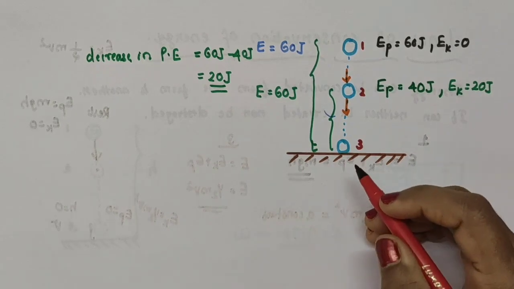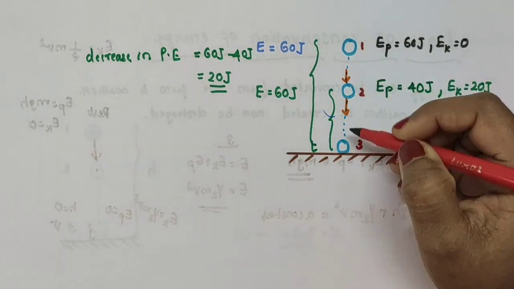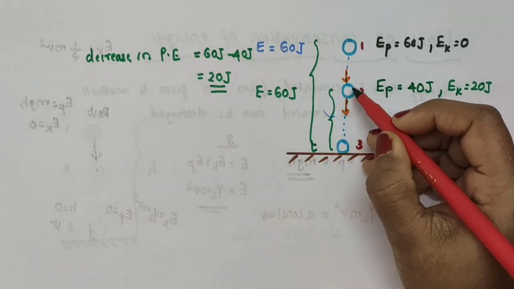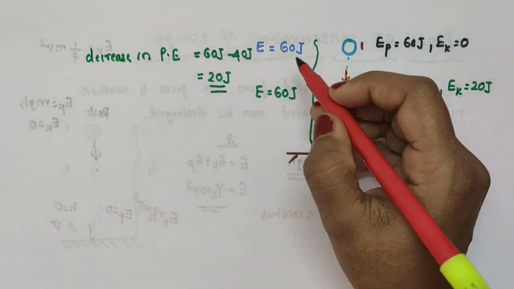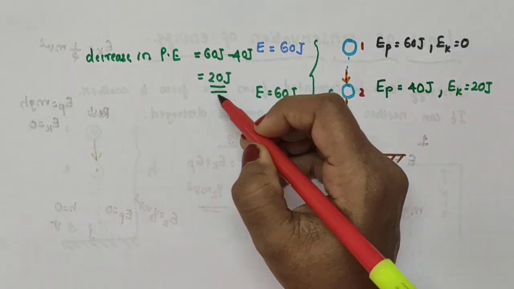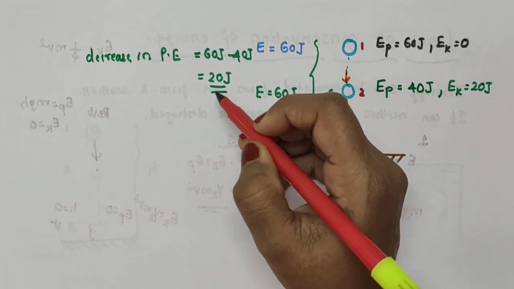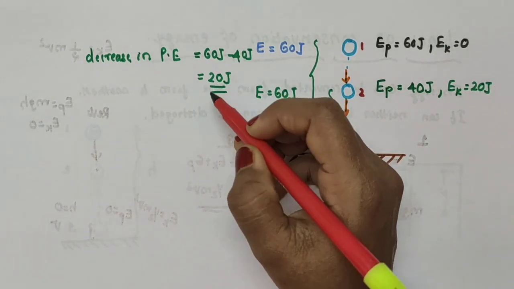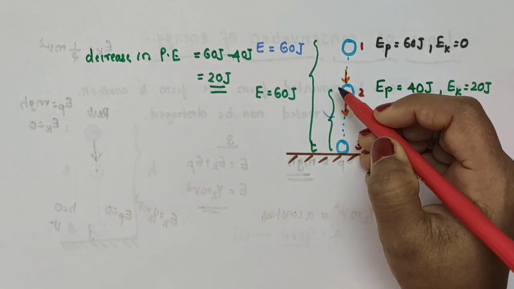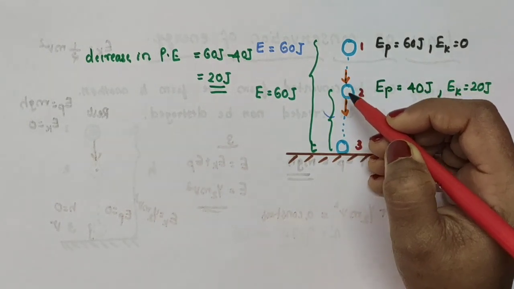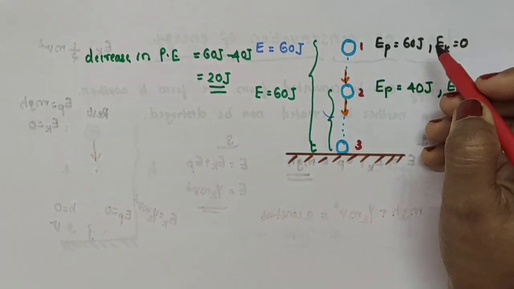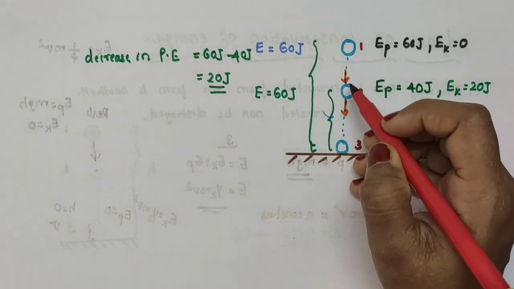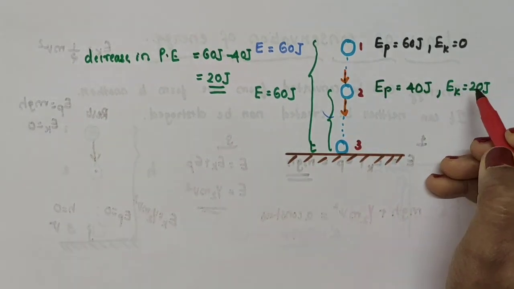So you see, during the free fall of the object, when it reaches here, there is a decrease of 20 joule in its potential energy. So you see, its kinetic energy has actually increased, no, because its kinetic energy was 0. When it reaches here, its kinetic energy is 20 joule.